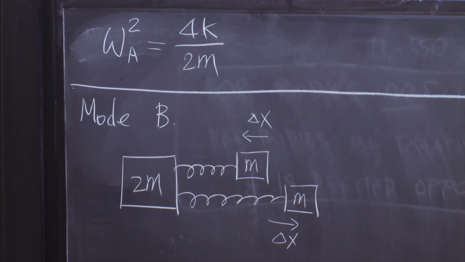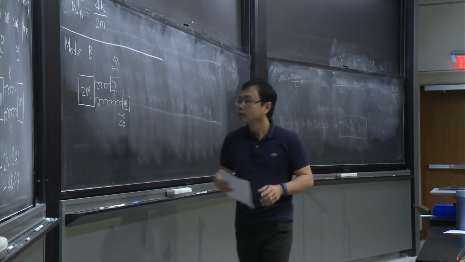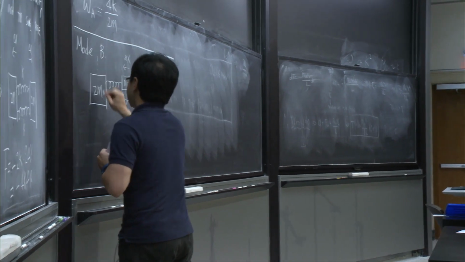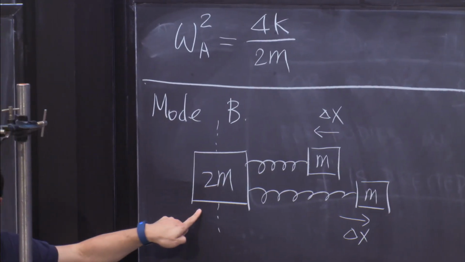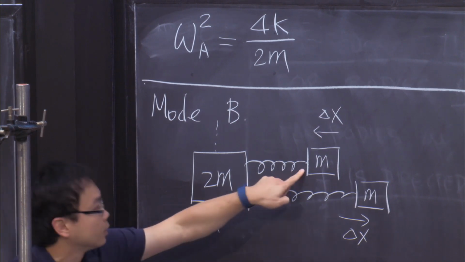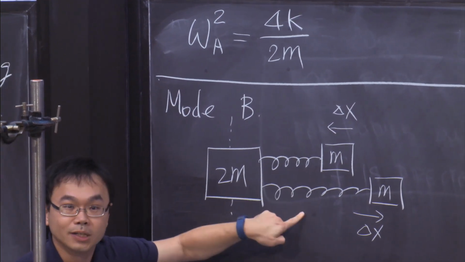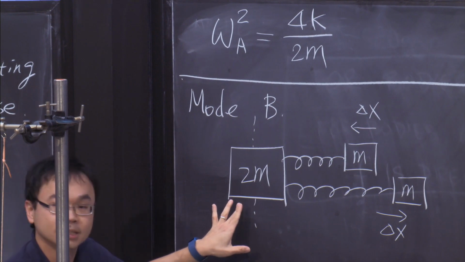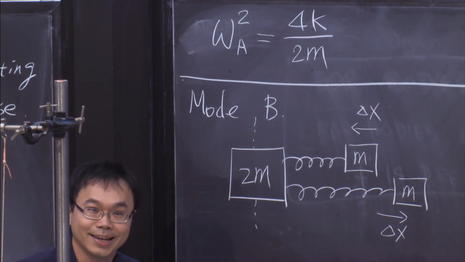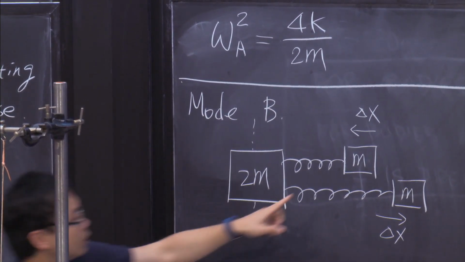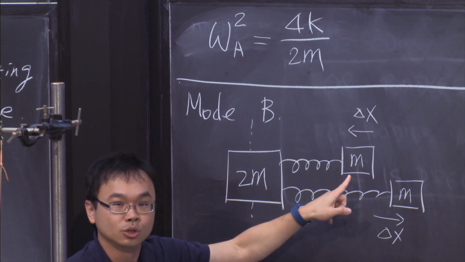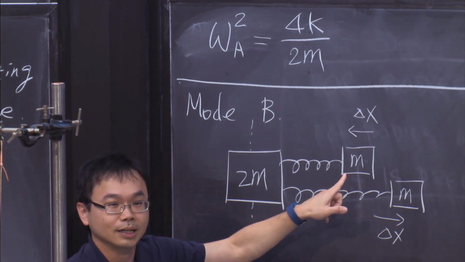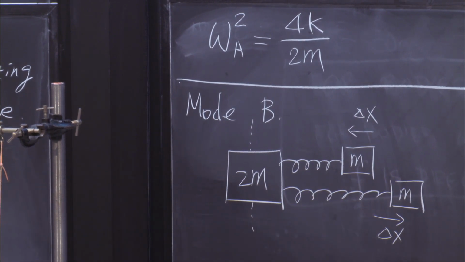So the left-hand side mass will not move at all, because the spring forces acting on this mass cancel. And apparently these two little masses are going to be doing harmonic motion.